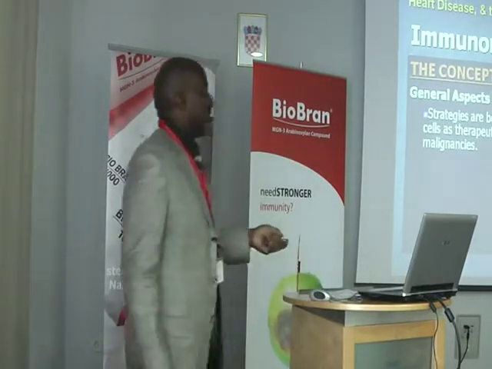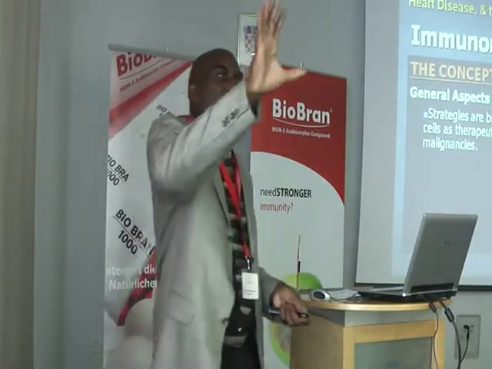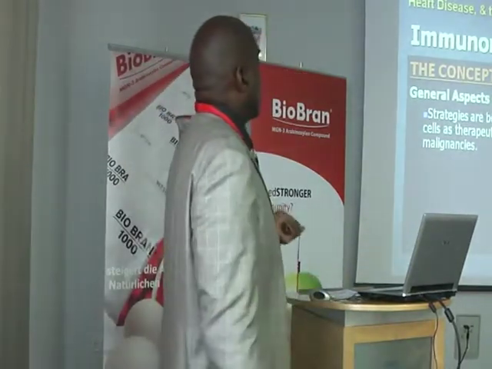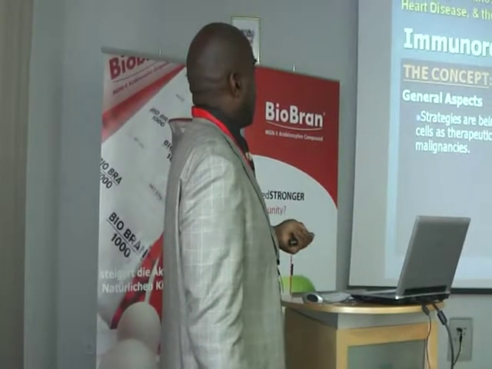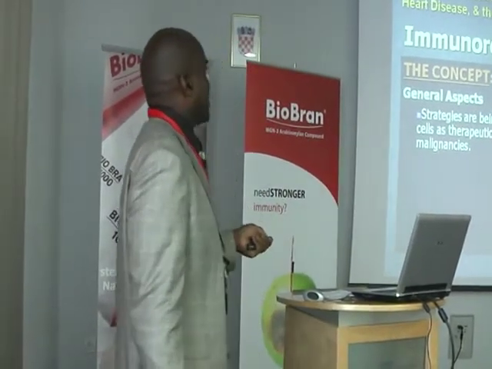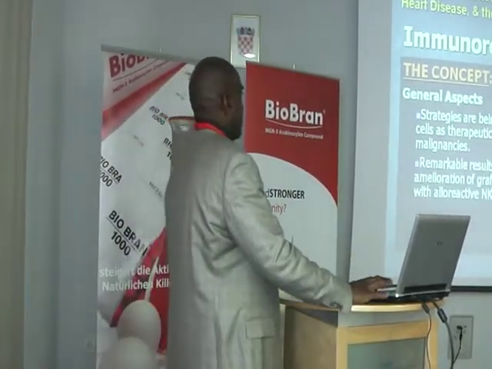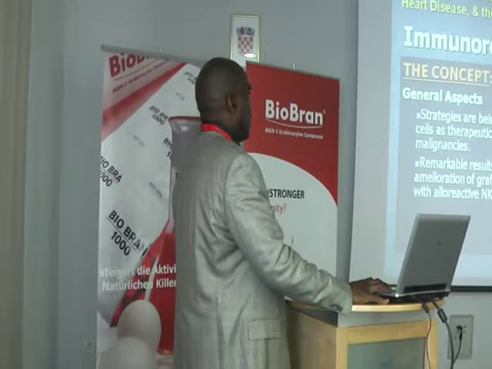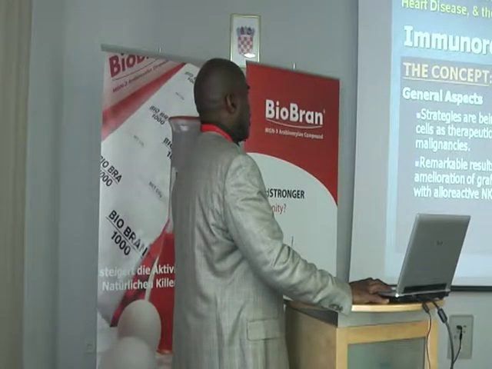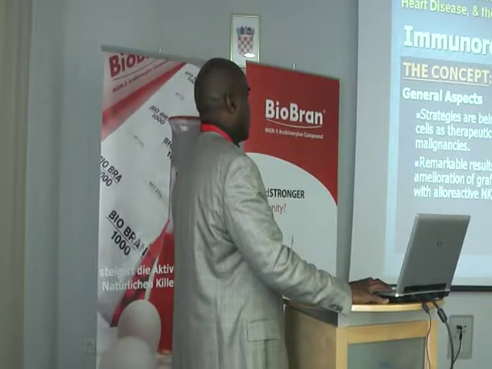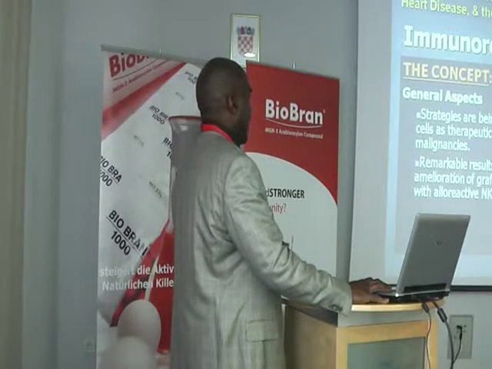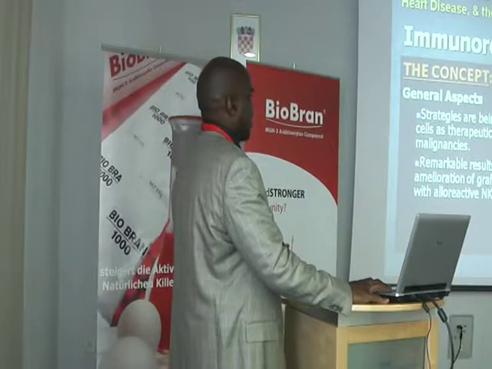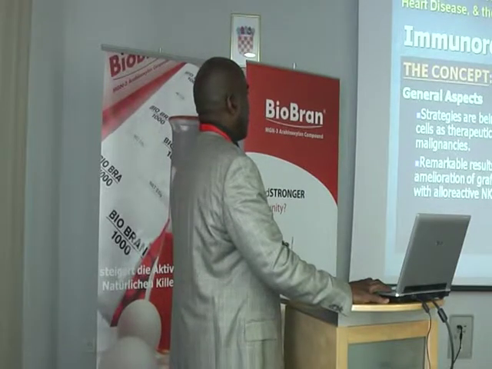Anyway, but it's characterized by cell surface markers, as I mentioned, that they look for that difference in the face. Strategies are being pursued to apply natural killer cells as therapeutic agents against a broad range of malignancies. Remarkable results, including survival improvements and amelioration of graft versus host disease. That's when you give people transplants and also sometimes bone marrow transplants for leukemias.